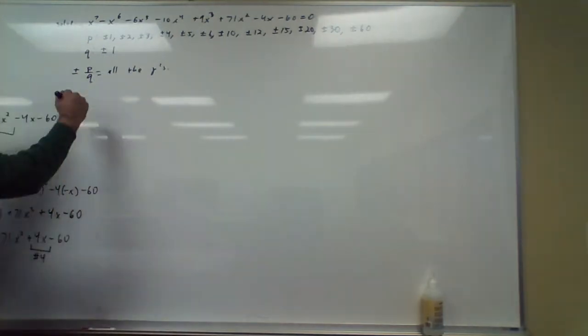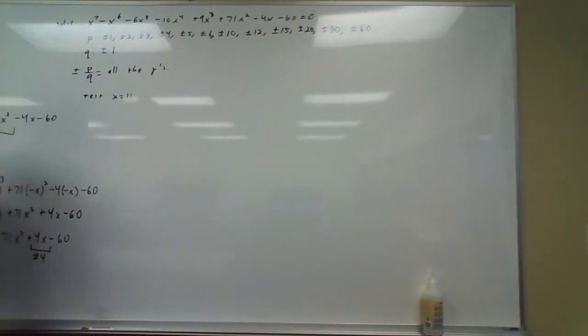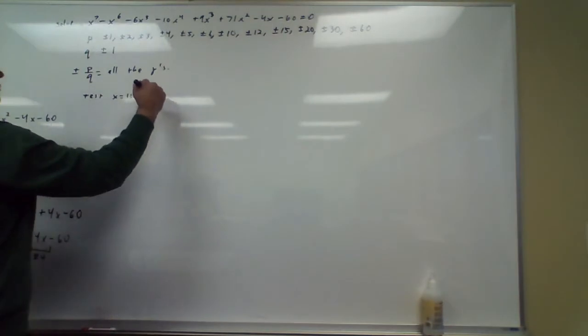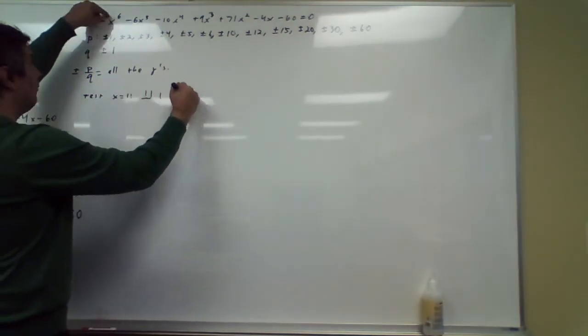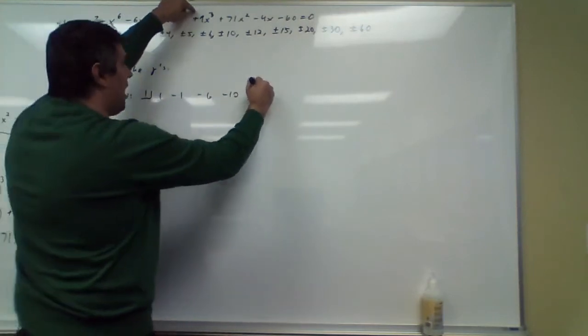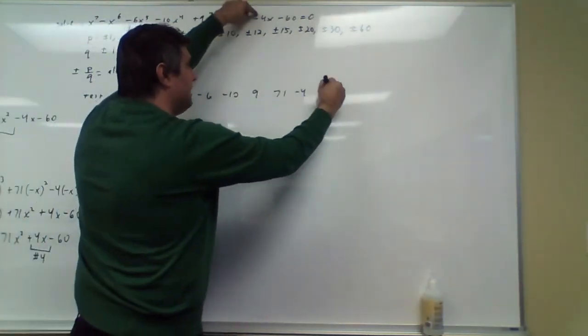Okay, so we will test x equals 1. So I'll do the synthetic division stuff. 1, negative 1, negative 6, negative 10, 9, 71, negative 4, and negative 60.